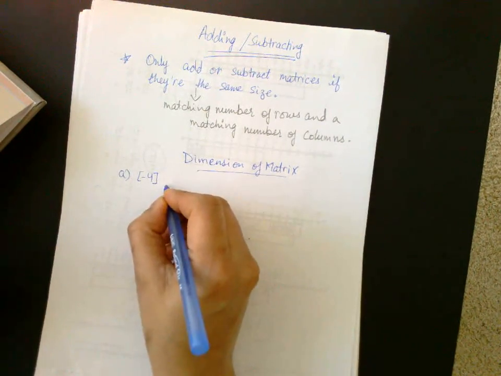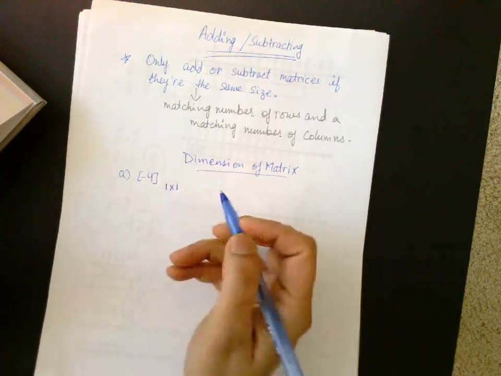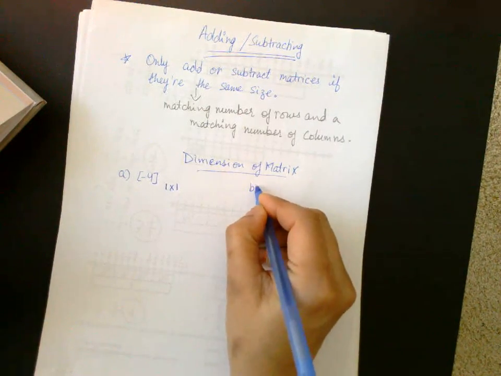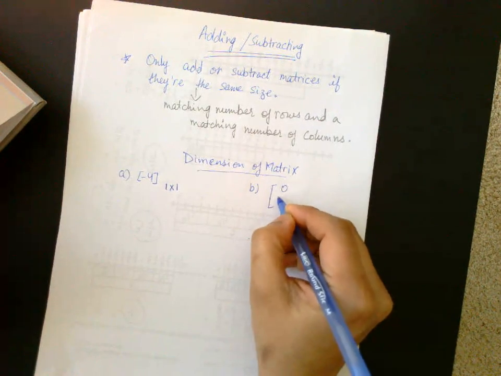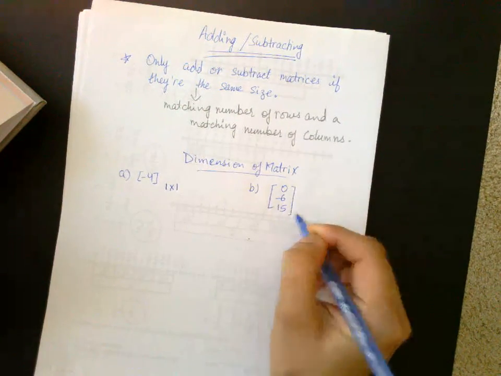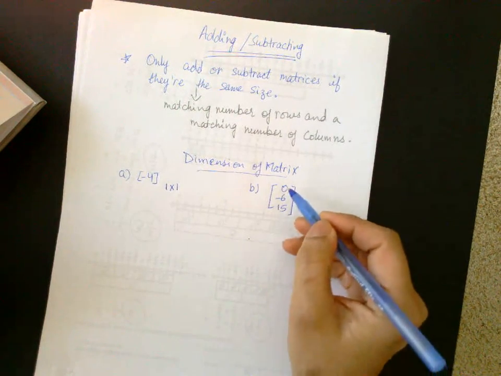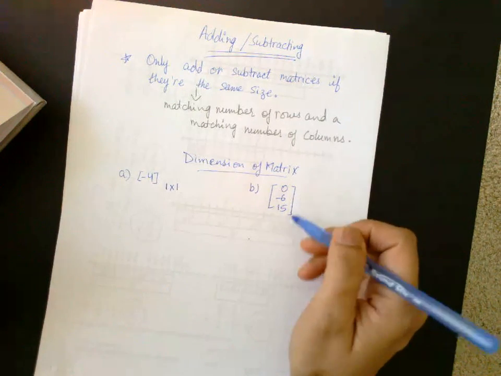It is only 1 times 1, one row and one column, right? If I change the question to something like 0, minus 6, 15, up and down is what?